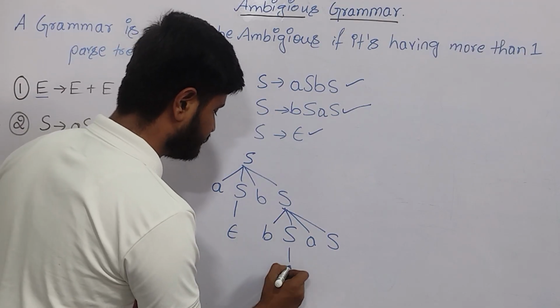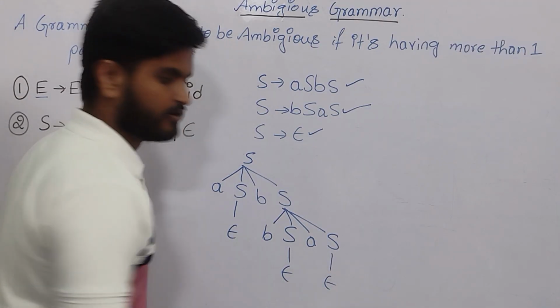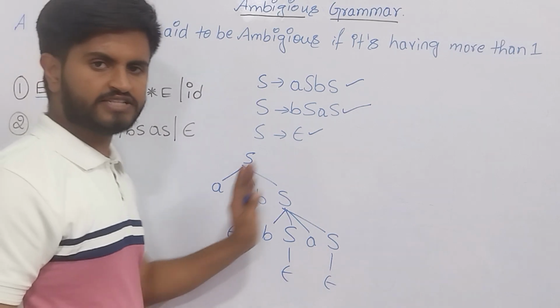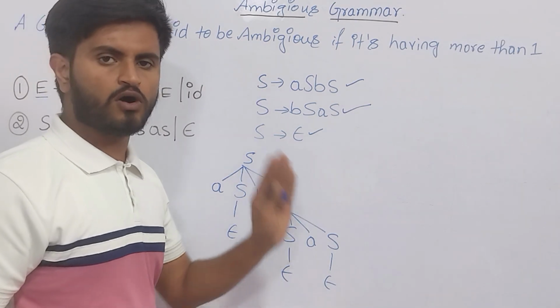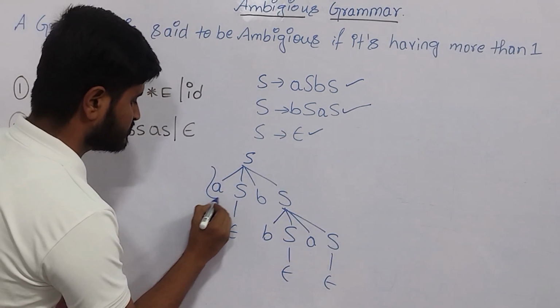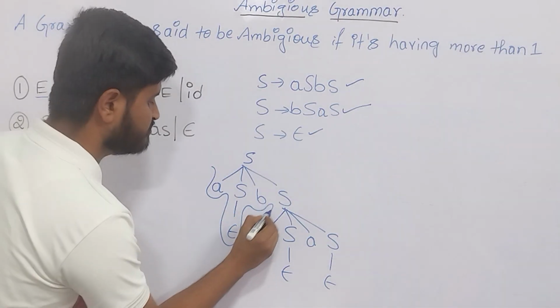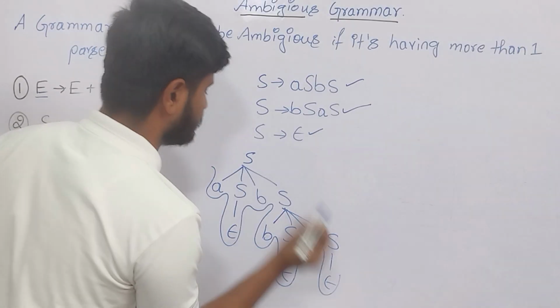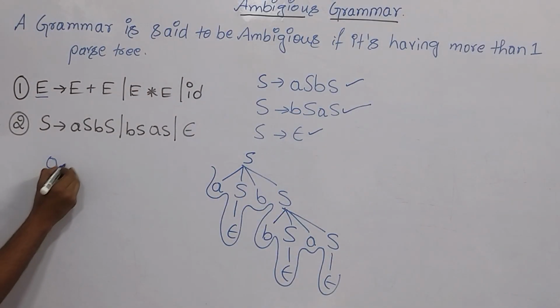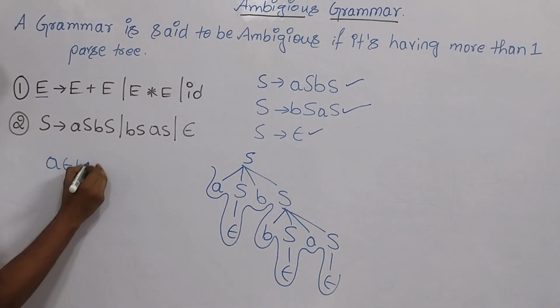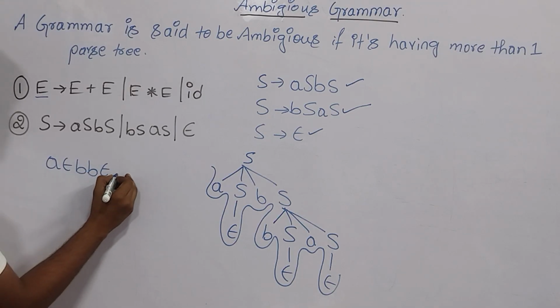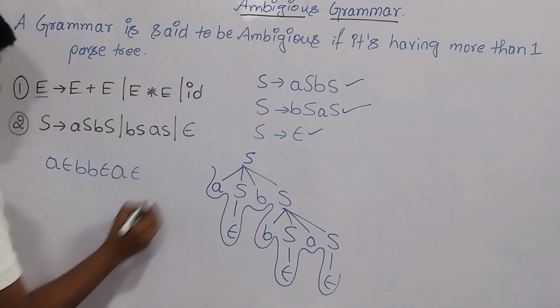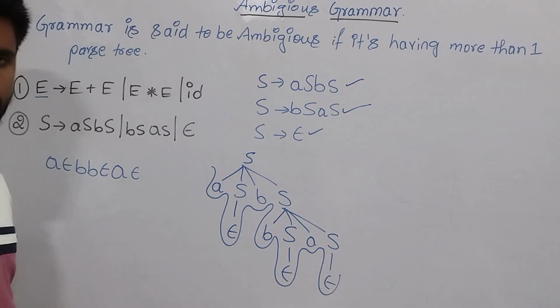Travelling from left to right using all the leaf nodes: A, epsilon, B, B, epsilon, A, epsilon. This is the first string of this tree.